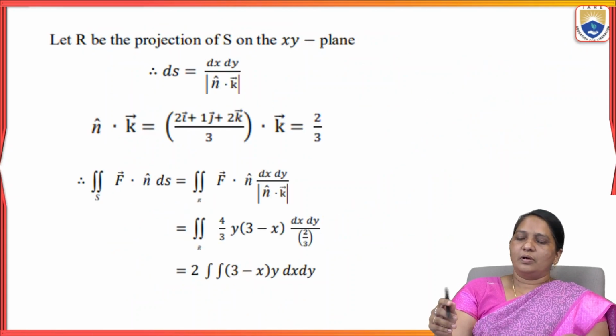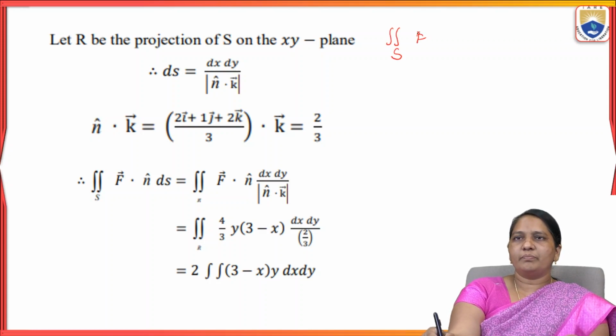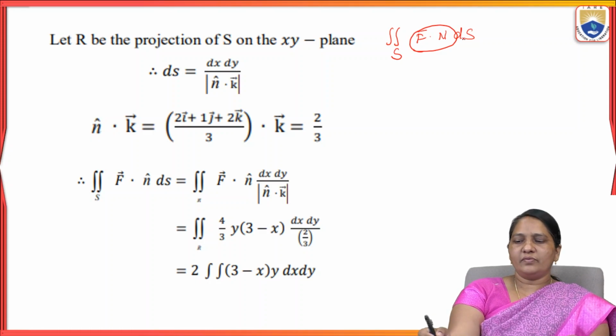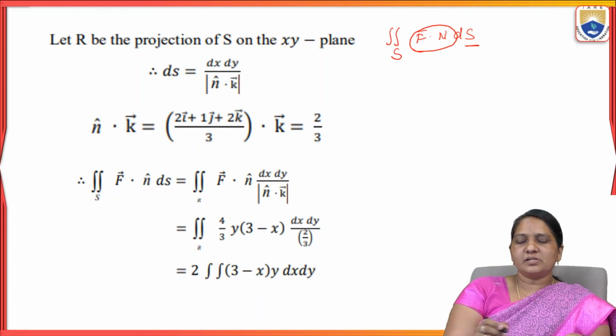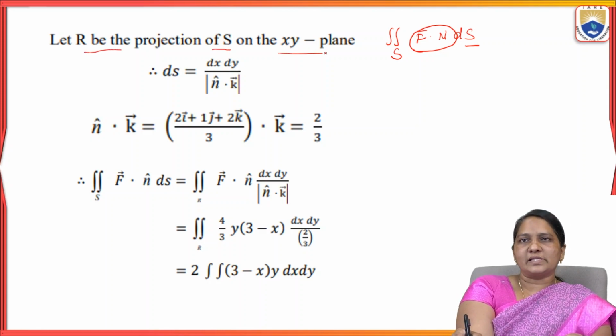So now, in the integral over S of f bar dot n ds, f bar dot n is already calculated. To evaluate this integral, we should know about the ds now. Which projection are we taking here? Based on that, we can take the formula. Here, let R be the projection of S on the xy plane.